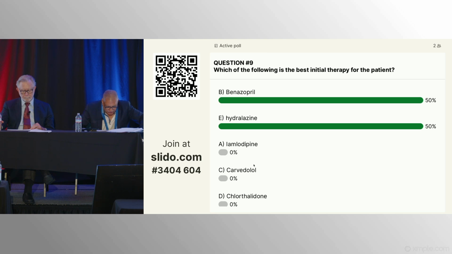Examination is unremarkable, trace bilateral pitting edema. On her lab work, what's significant is the creatinine is 2.7 and GFR is 25. Also, 24-hour urine collection shows 1.5 grams of protein a day. Which of the following is the best initial therapy for the patient?